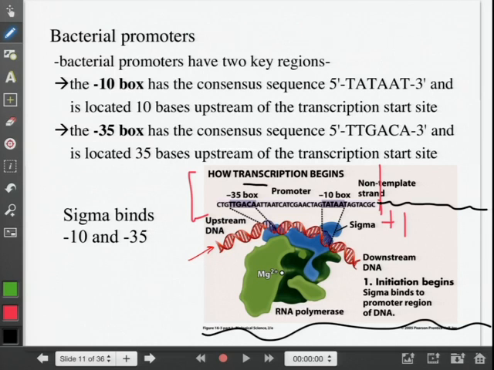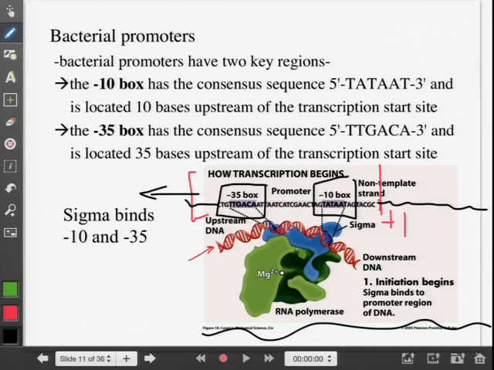But this minus 35 sequence and minus 10 sequence is what the sigma factor is looking for in that specific distance apart. If you count it, this is plus 1, minus 2, minus 3, minus 4, minus 5, going in this direction.